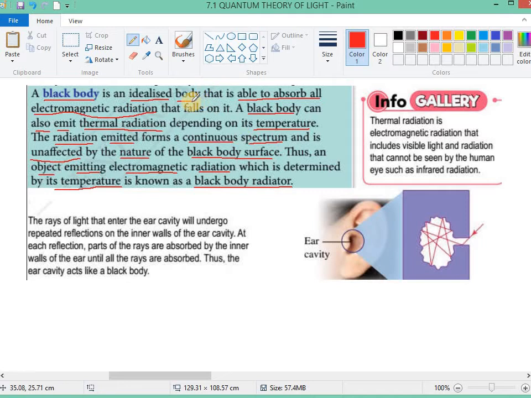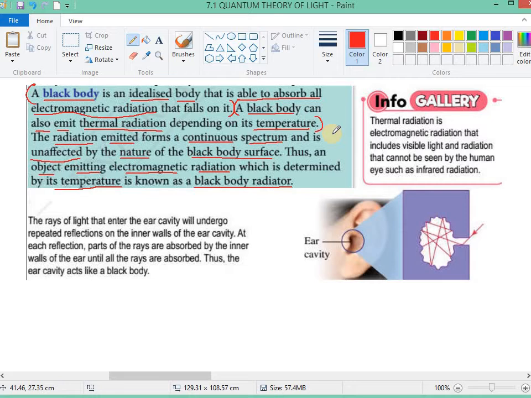So basically, at the first part here, it says a black body is an idealized body that is able to absorb all electromagnetic radiation that falls on it. That is what we said just now. It is a perfect absorber of electromagnetic radiation. Then we say a black body can also emit thermal radiation, depending on its temperature.